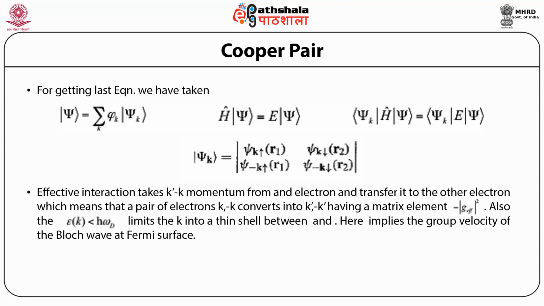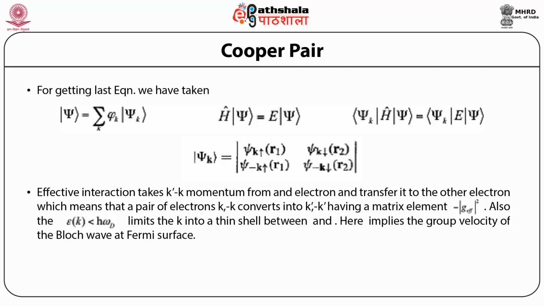The effective interaction takes k prime minus k momentum from this electron and transfers it to the other electron, which means that a pair of electrons k and minus k converts to k prime and minus k prime, having a matrix element minus mod of G effective square.